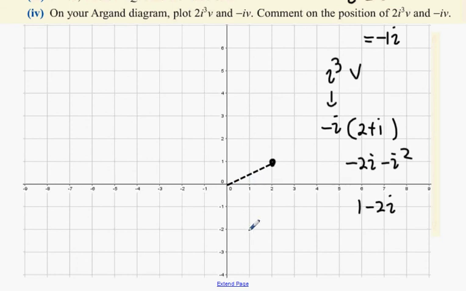Now, if you're really cheap about it, if you were to draw a circle, you can actually see that is the 270 degree rotation we were talking about, isn't it? So it is the rotation of 270 degrees. So you could do it graphically if you're really jammed. You could try drawing a circle and going, look, I know i cubed is a 270 degree rotation, so you rotate it all the way around. Everybody still looking up, guys?